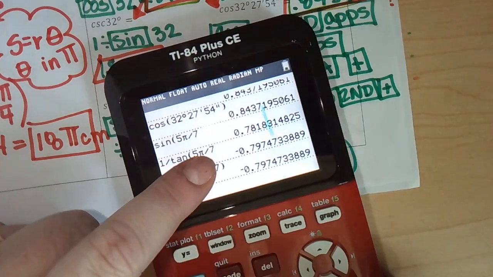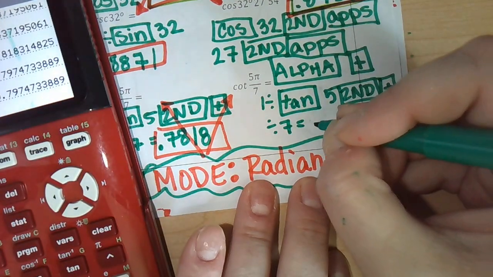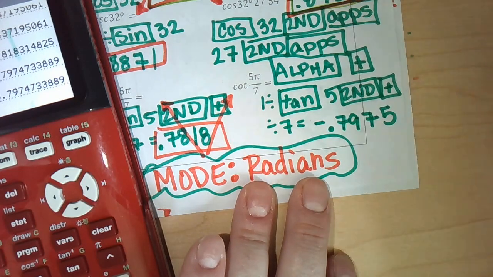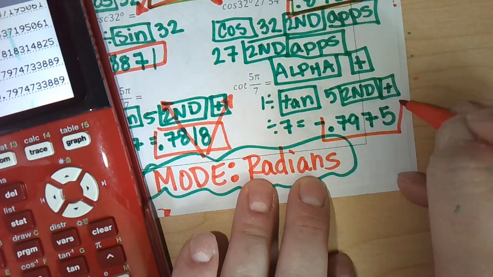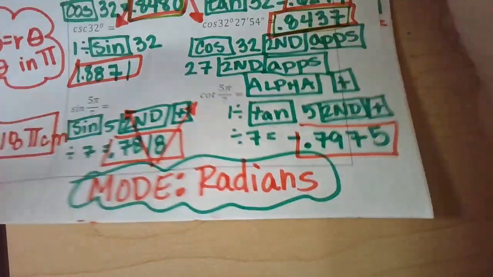And it doesn't matter if you forget the parentheses on the end, so we're okay. You get negative 0.7975. Okay. Woot woot. All right, let's keep going.